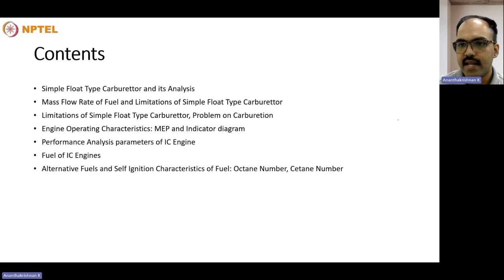Then performance analysis parameters of IC engine, followed by fuels of IC engine, alternative fuels, and self-ignition characteristics of fuel, octane number and cetane number. So this week we will see a few numericals and multiple choice questions based on a few of the selected lectures.